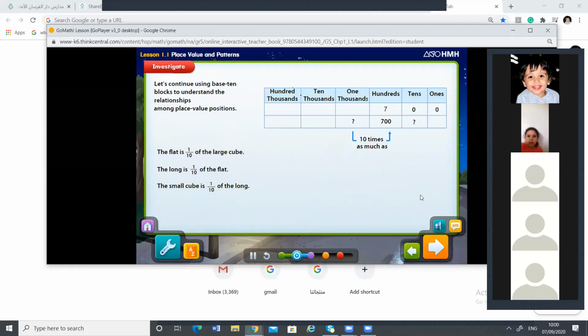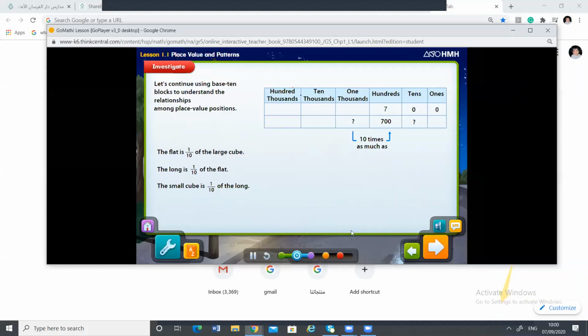Use the place value patterns to find 10 times as much as 700. See guys, what are we going to do? We are just going to add zeros. When you go this side, it is 10 times. Each time you go to the next one, you add a 0. This is 700.